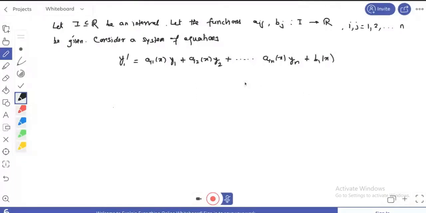Okay, constant one. Suppose similarly here y2 prime is another coefficient, say a21(x), and so on up to a2n(x), times y_n, plus some arbitrary function b2.